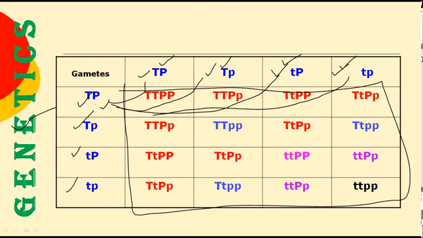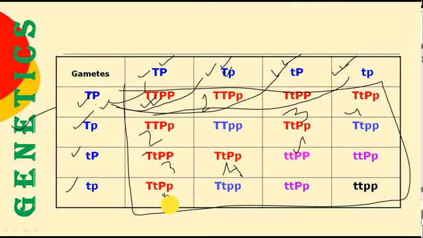Make this combination yourself. You will find that this particular genotype, capital T capital T capital P capital P, is only one. The second one is here also. The third one is here also, and the fourth one is at 4 places.